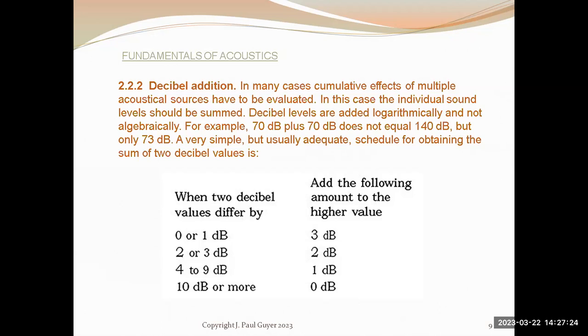If you've got 2 sources that differ by between 2 and 3 decibels, then the sum that is perceived by the receiver is about 2 decibels higher, and so on. If the 2 sources differ by 4 to 9 decibels, then the sum of them will be perceived at about 1 decibel higher than the higher of the 2 sources.